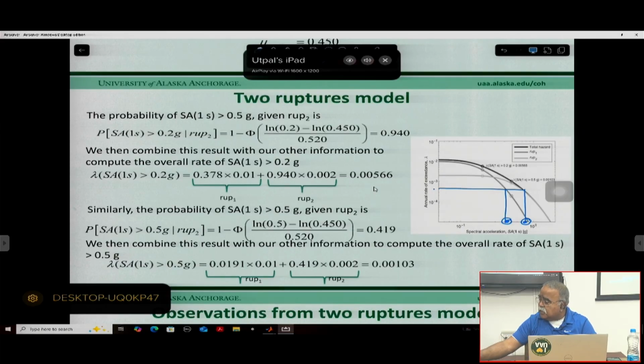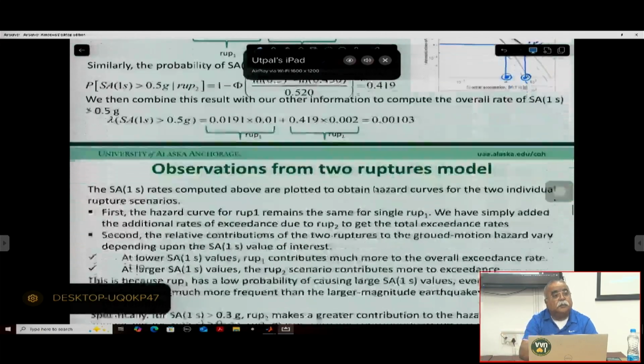So definitely this has less hazard than this side, right? So that means this side will have more hazard than this side, meaning more spectral acceleration for the 2% probability of exceedance, right? So that is what we were. Yeah.